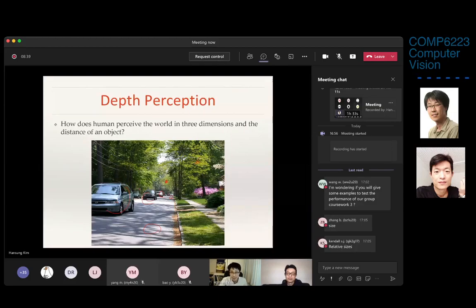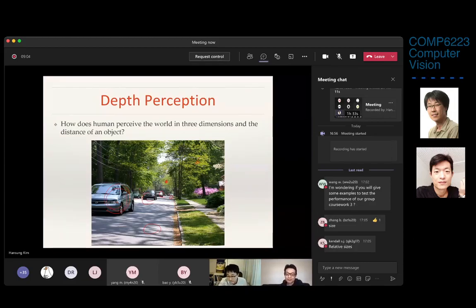This car is much bigger than this, and this car is bigger than that. Anything else? No idea. Yeah, definitely size is the biggest clue, and there are some other factors you can also consider.